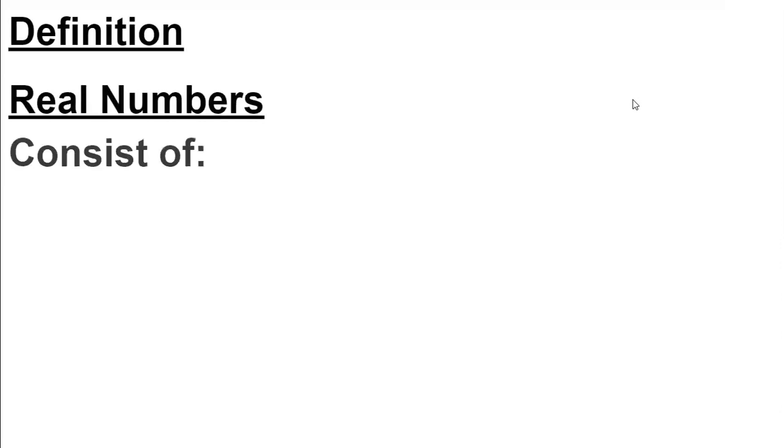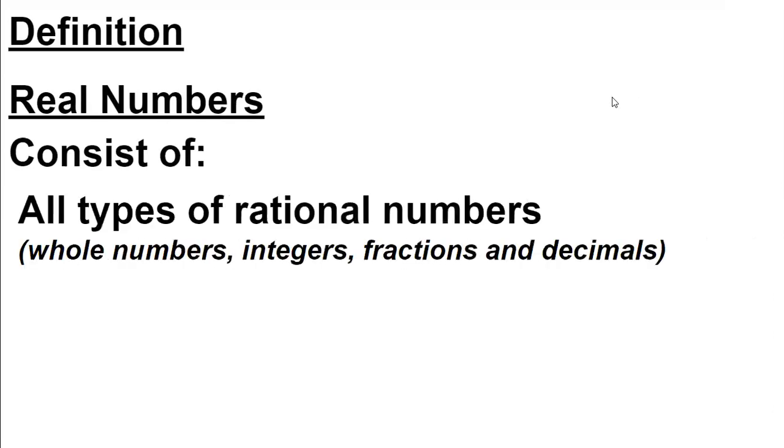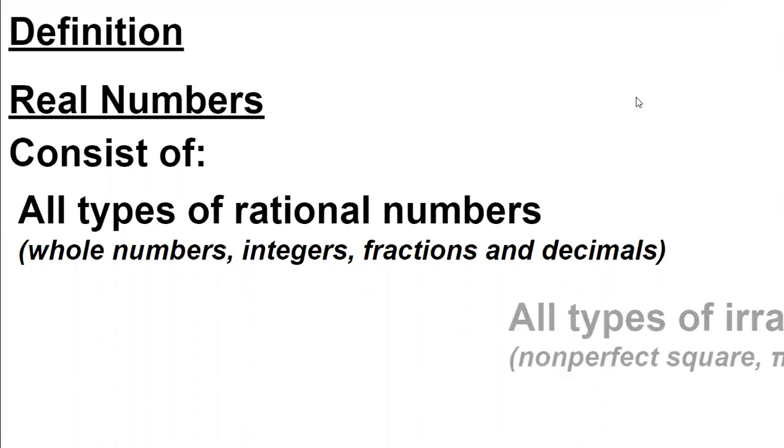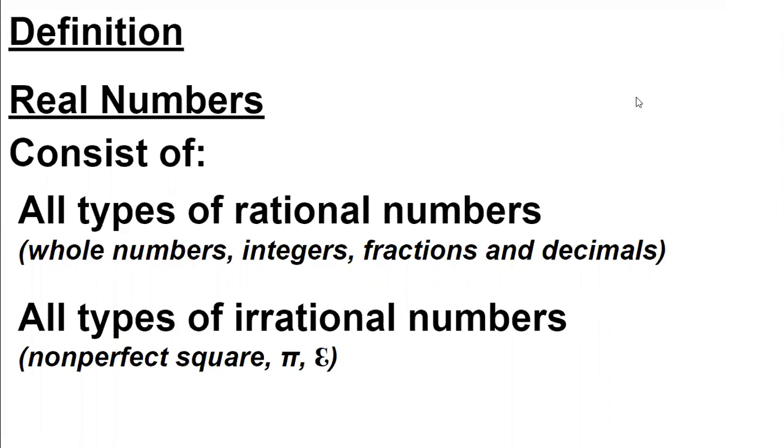We're going to take a look at a new term now. Real numbers. What are real numbers? Well, real numbers consist of all types of rational numbers: the whole numbers, the integers, the fractions, and the decimals. And real numbers consist of all types of irrational numbers as well: the non-perfect squares, pi, Euler's e.